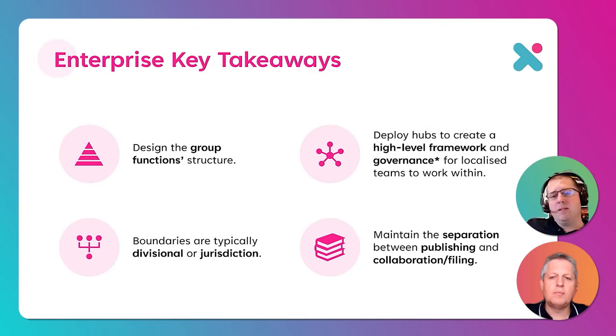What we mean by that is, we're not going to necessarily map out and define every single site that's required, but if we have those hubs, then we can create governance rules that say if you want to request a site in this region, and it's based on this use case, then it's going to get connected to this hub. Now we do have a star against that we'll come back to in a second. And then finally, we're still thinking about keeping that separation between publishing scenarios and that collaboration, filing, doing the work.